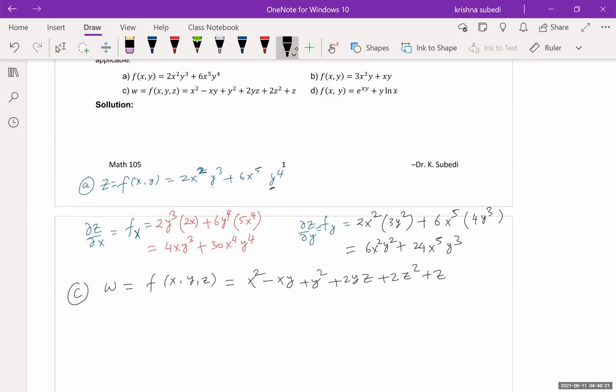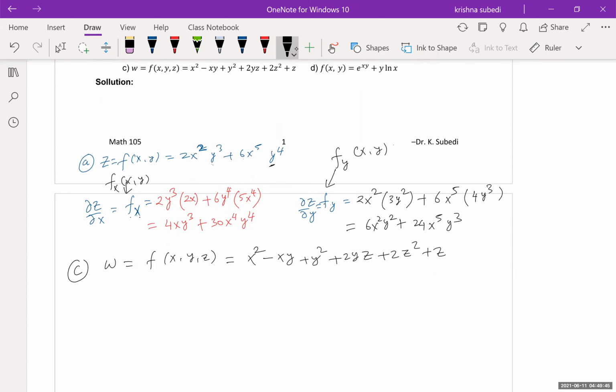Oh, by the way, in this case, you can write simply f sub x, or you can also represent that by f sub x, xy. You can write it this way too if you like, okay? For this one here, you can write simply f sub y, or you can write f sub y, x and y. It doesn't matter. Whichever you like, you can write it down.